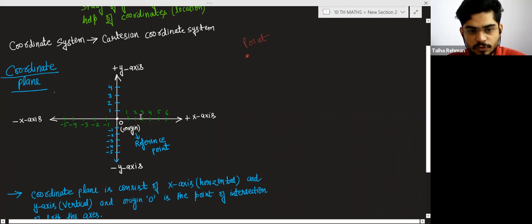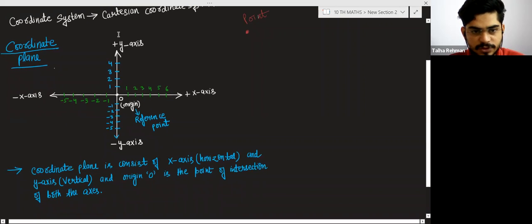When you move in this direction, you take the numbers positive. When you move in this direction, you take the numbers negative. Similarly, when you move upward, you take plus 1, plus 2, plus 3, plus 4. When you move downward, you take minus 1, minus 2, minus 3, minus 4, minus 5.